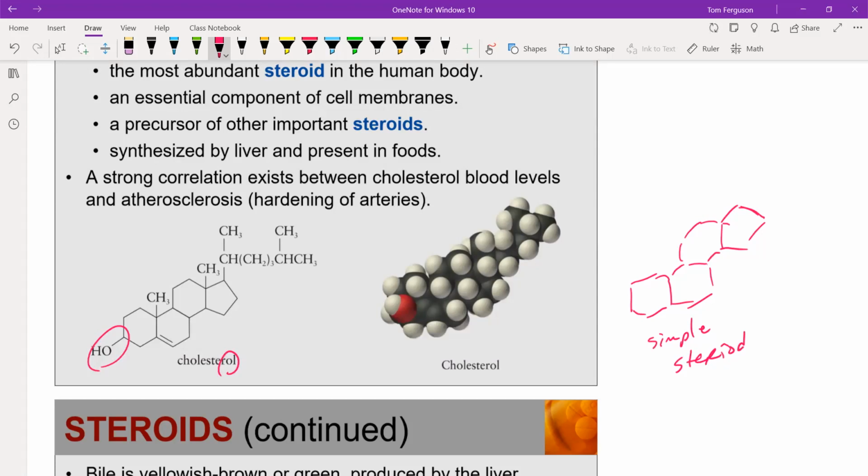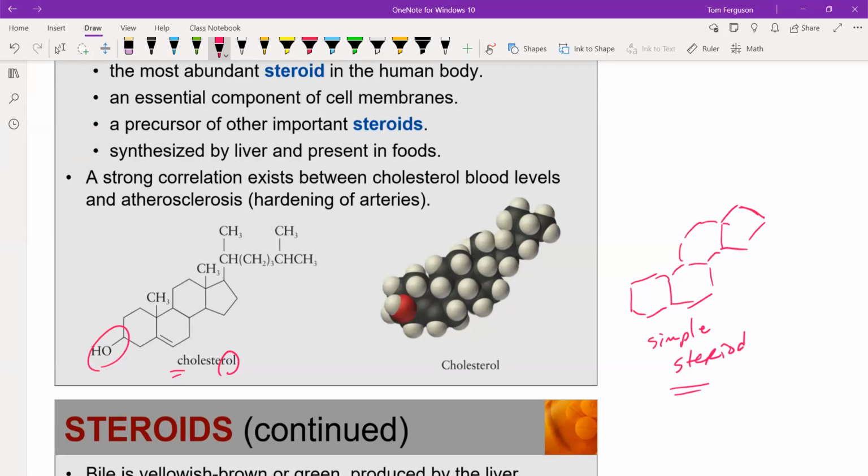Okay, so I had a simple steroid, the test question, and cholesterol, which would be more soluble in water? Cholesterol.